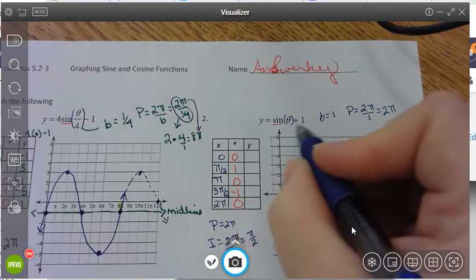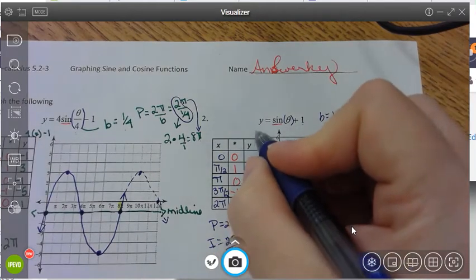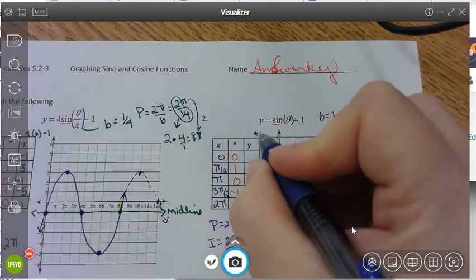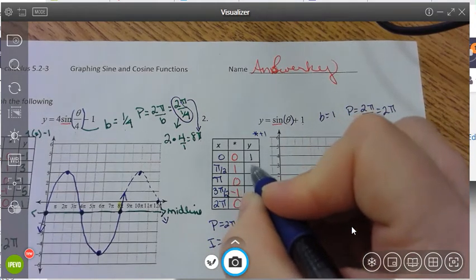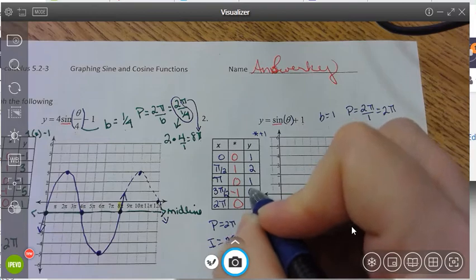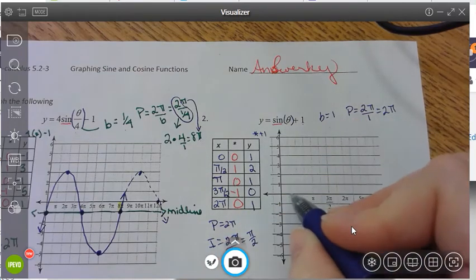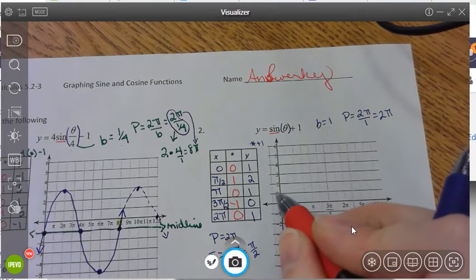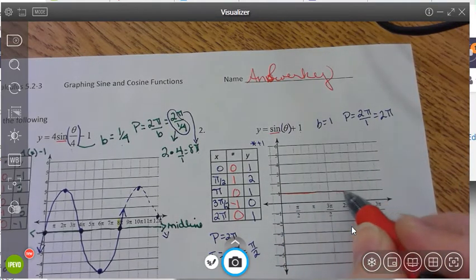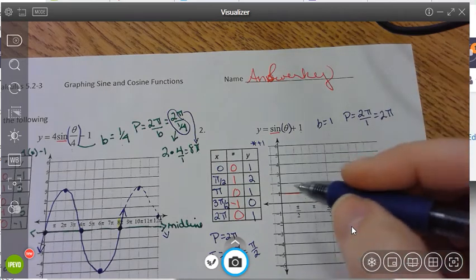The only thing going on with this is we're adding 1 to it. So this would be the magic number plus 1. So I'm going to add 1 to every one of these. 1, 2, 1, 0, 1. So I'm going to go right here, my midline. I'll put my midline in at 1. Okay?